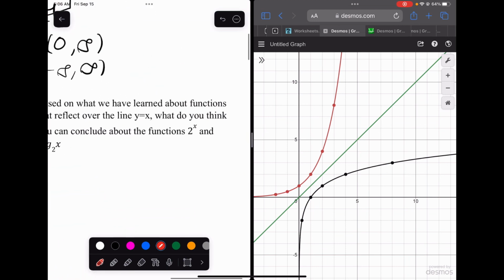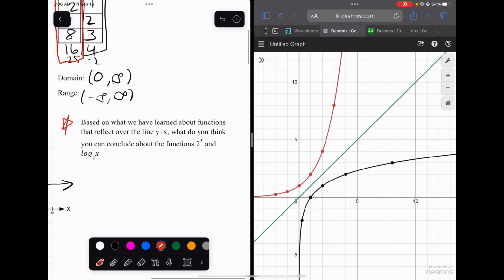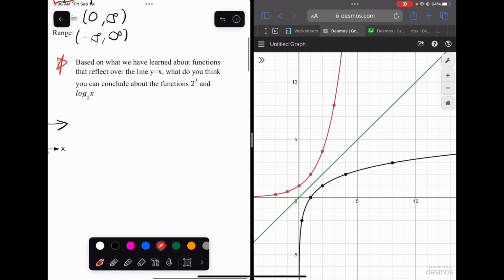So based on what we did last unit, what do you think you could say about the functions 2 to the power of x and log base 2 of x? These two functions are inverses.